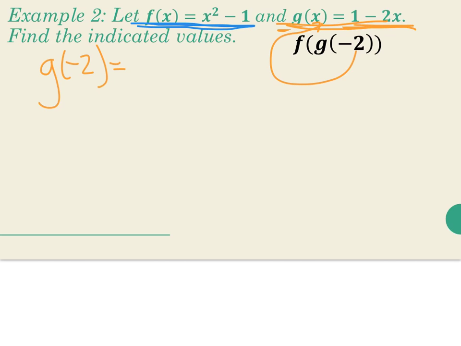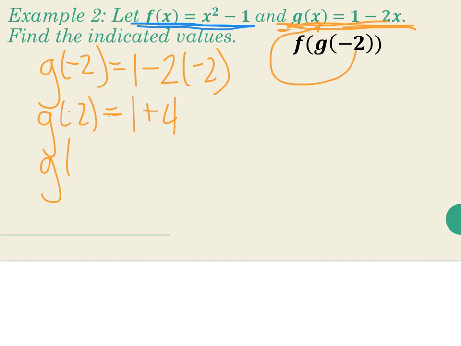And remember, g of x is equal to 1 minus 2x. And instead of writing x, we're writing -2. So g of -2 is 1, and then -2 times -2 is 4. So g of -2 is actually 5.